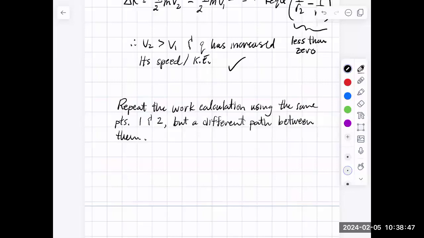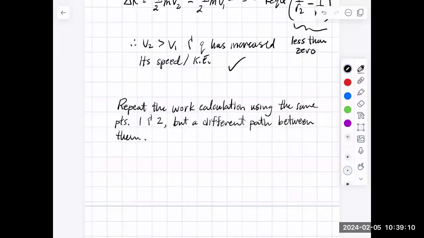And what that allows us to do is define a potential energy associated with this electrostatic force, just like we have a gravitational potential energy. So if I have my pen here and I move it from position 1 to position 2 in a gravitational field, there's some change in potential energy associated with that.